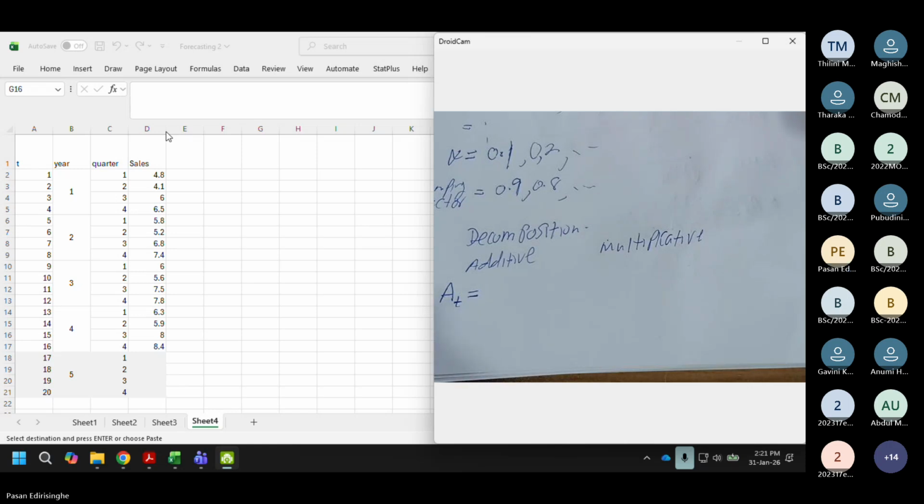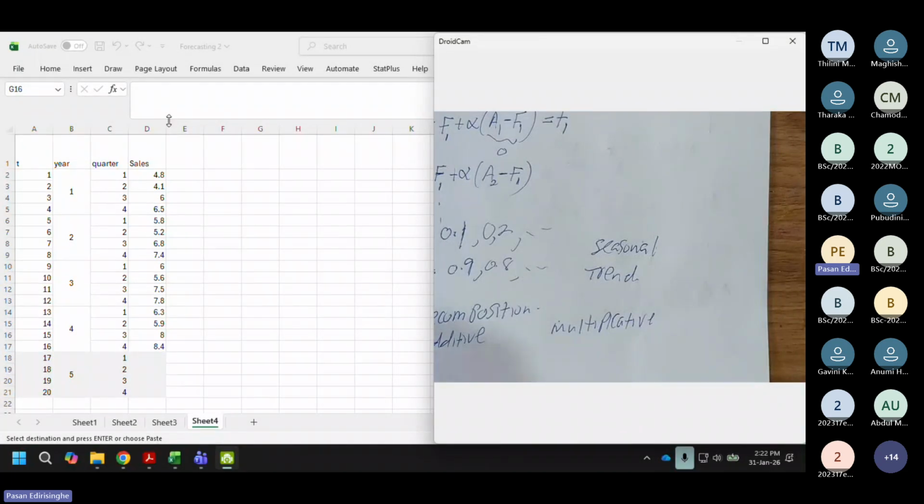So we like to model our time series. If we take any observation, then what we can notice is that observation includes some component as a seasonal component, and some component as a trend.